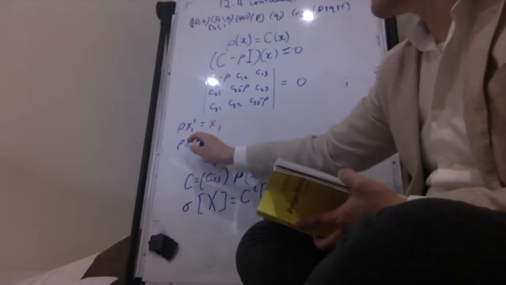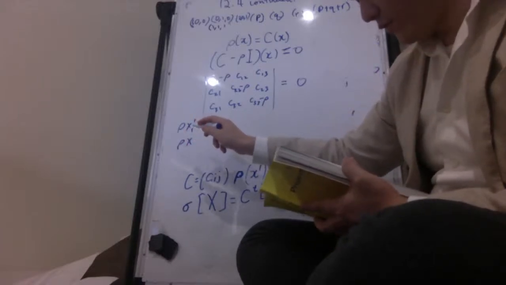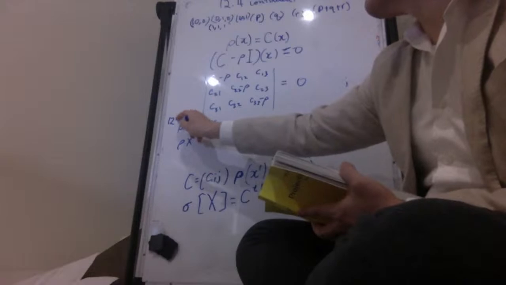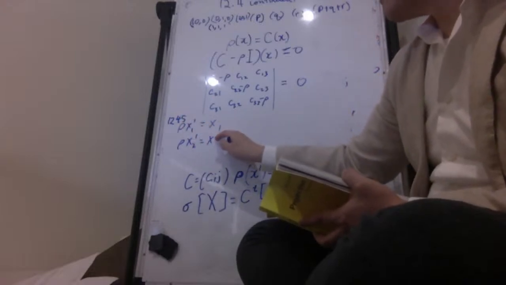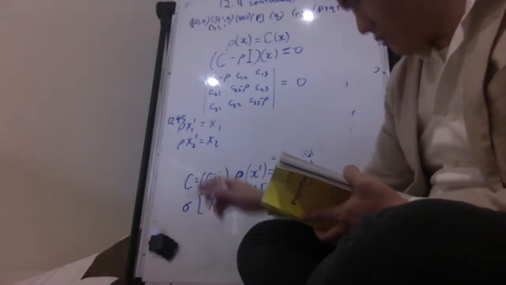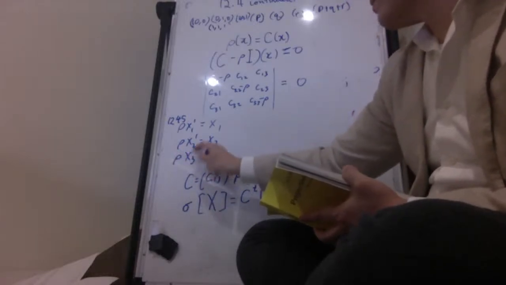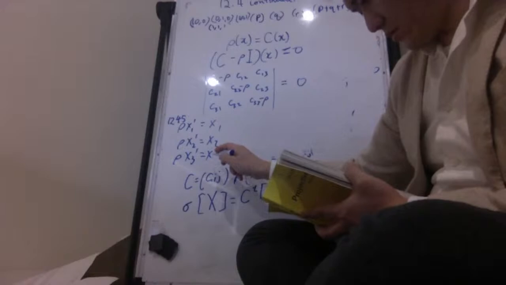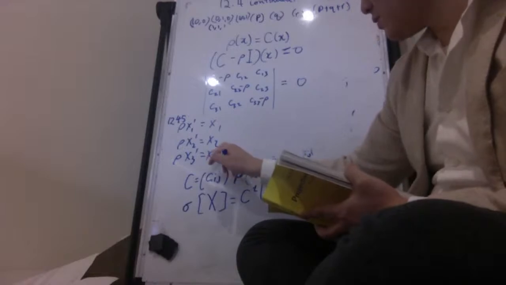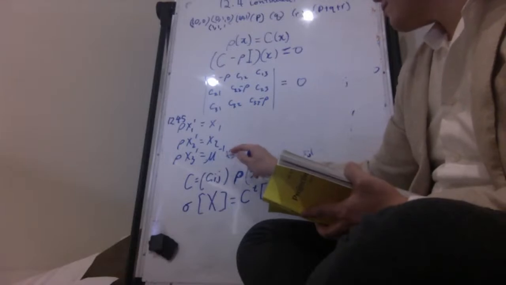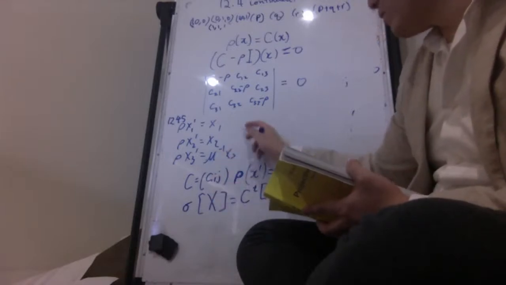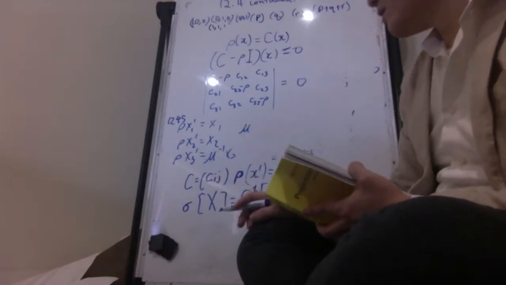Rho x2, so this is the example we have. x2 prime is equal to x2, and rho x3 prime is equal to x3, but times mu inverse. And of course, mu should not be 1, otherwise it's just basically the identity, okay?